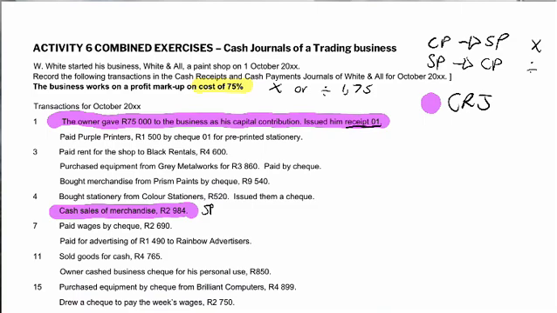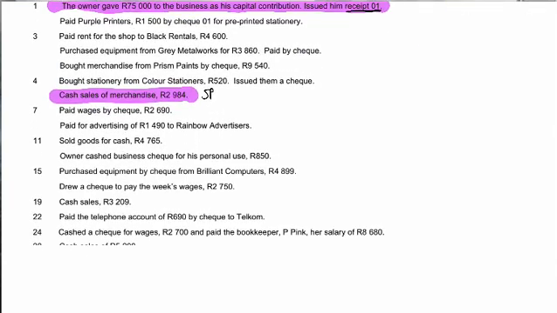On the 7th, we paid wages by check. CPJ. On the 7th, we paid for advertising. CPJ. Okay, on the 11th, we sold goods for cash. Okay, CRJ. The owner cashed a business check for personal use.